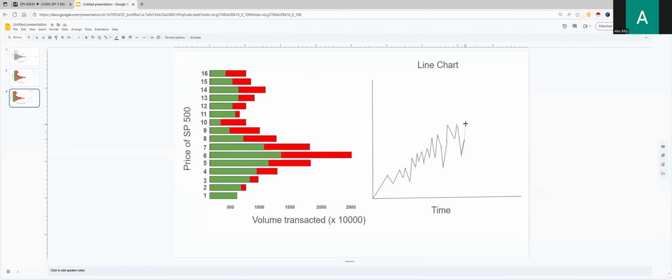Now, if it comes up here, probably going to come back down. So let's go ahead and mark out our value area, right? Just say this is the value area. Let's go ahead and move that down just a little bit. And this is our value area.